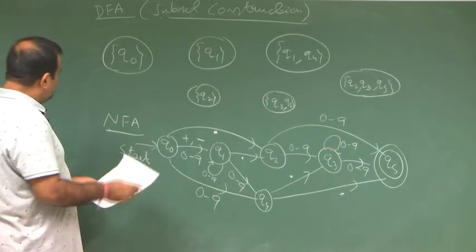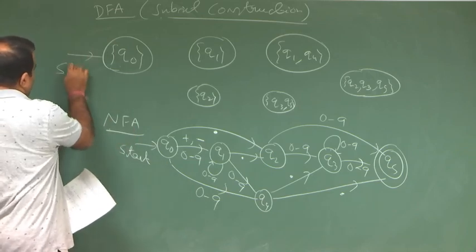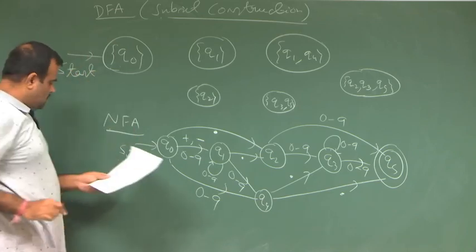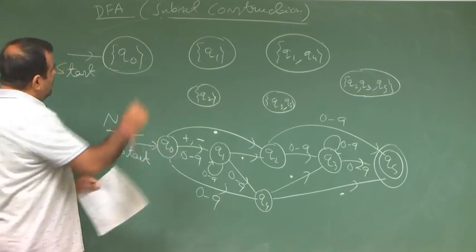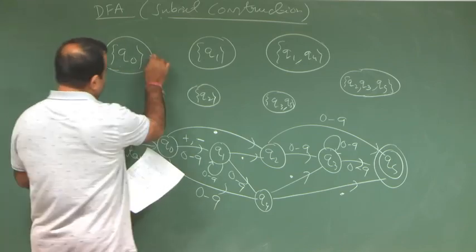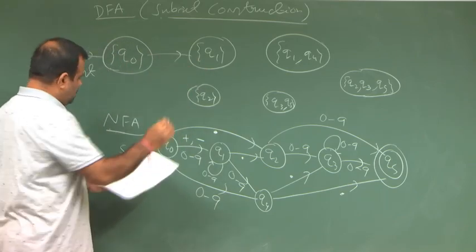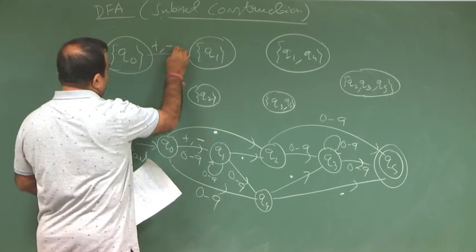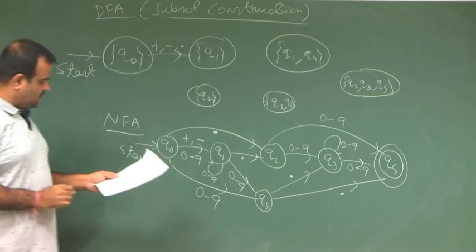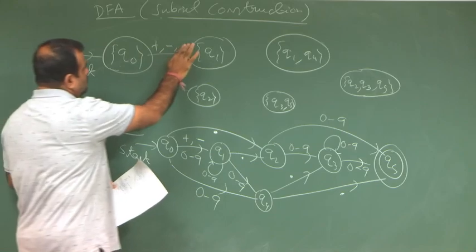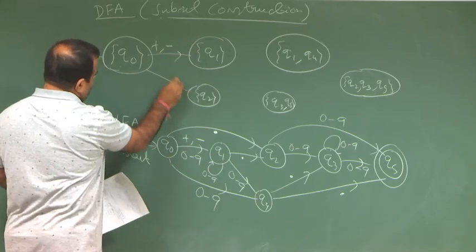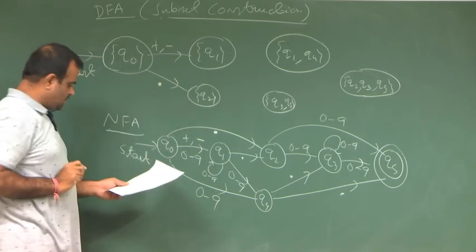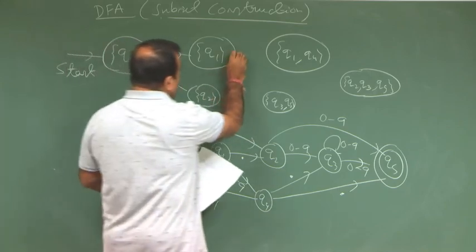Now, this is the starting state, and we have to write the transition rules. From here to here we can go with plus or minus; with dot we are going to Q3.